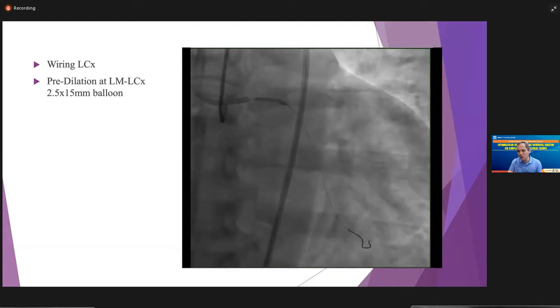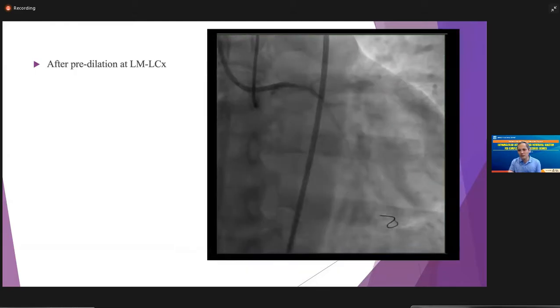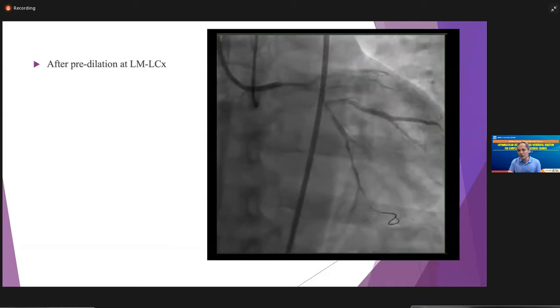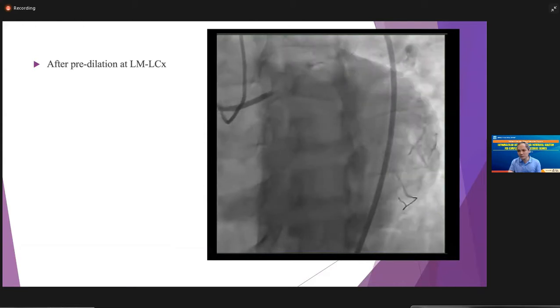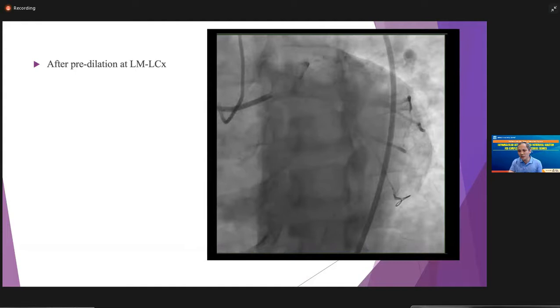There is a subtotal occlusion in the LCx. The first time, we advanced a floppy wire to the LCx and opened it by balloon with low pressure, 4 atmospheres. After that, we see the LAD clearly. The problem is the angle of the left main to the LAD is very high.